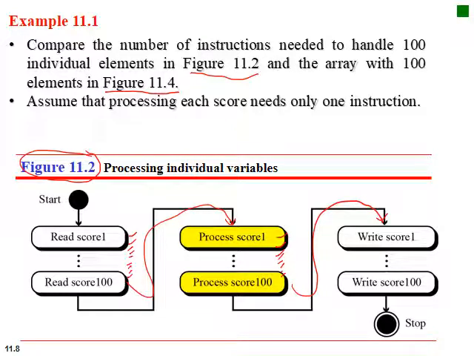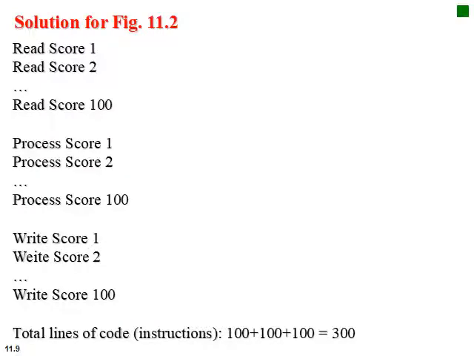Now we have to write each score to the screen. Each of those will be an instruction. Write score 1 as an instruction, score 2, score 3, up to score 100. So there again will be another 100 instructions. Shown basically in another way, we can see we read score 1, score 2, 3, 4, 5 until score 100, and process those 100 scores and write those 100 scores.